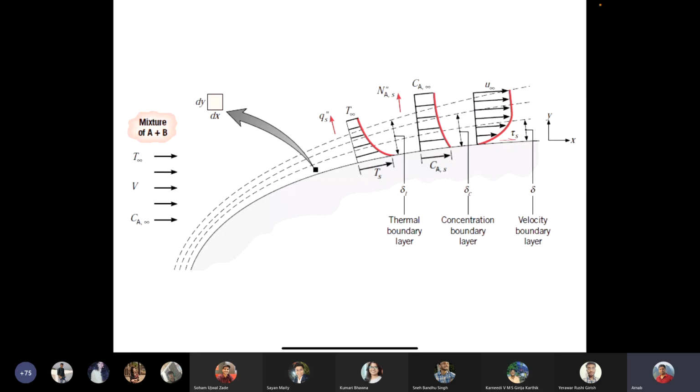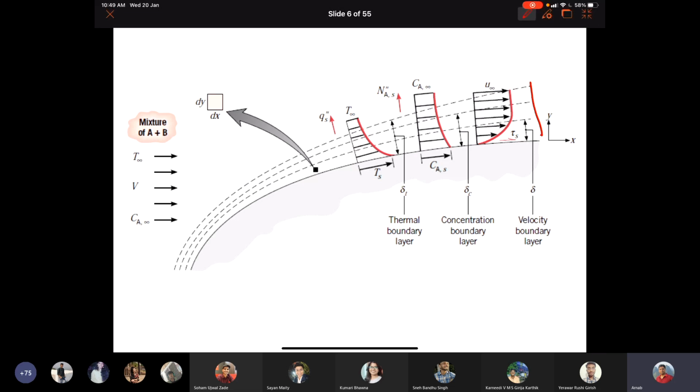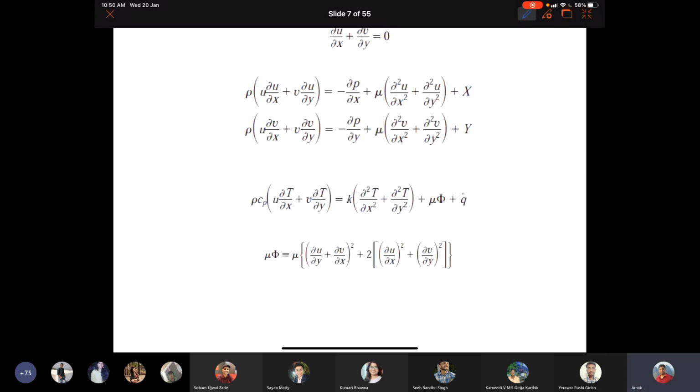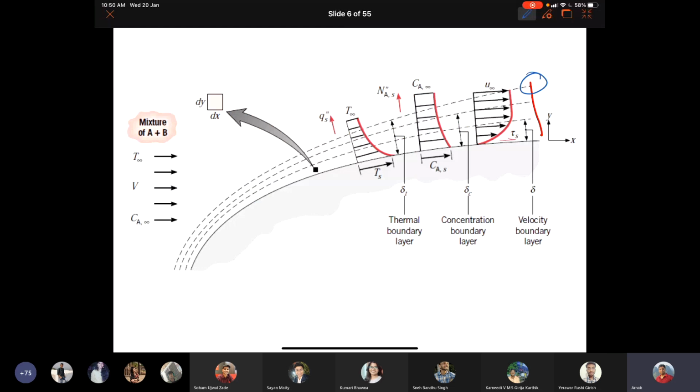So this schematic shows the development of all the 3 boundary layers on an arbitrary surface. The velocity boundary layer develops due to the velocity gradient between the surface and the free stream.